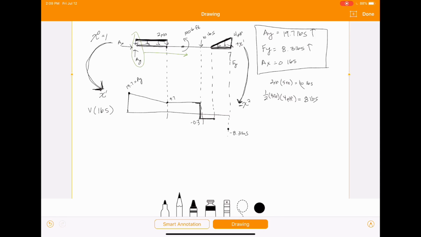So this here is going to be negative. So you're going to have a negative x squared type line to finish that off. And then, of course, we hit Fy, and we get bumped up 8.3 pounds back to 0. When you have a simply supported beam, you should always start and end at 0.